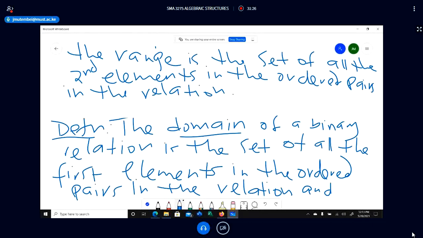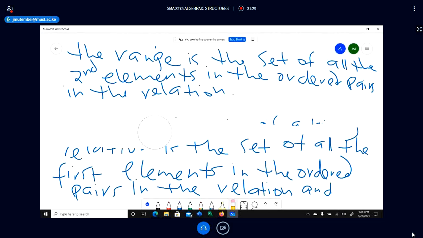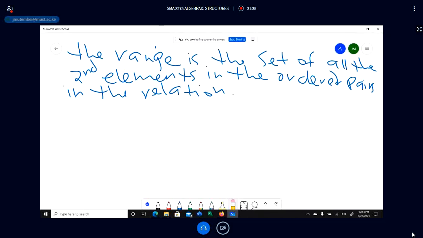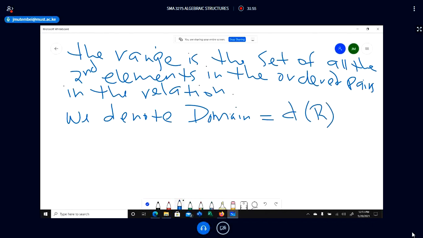So we can now denote the domain and the range as follows. We denote the domain by D of R, where R is the relation, and the range we denote by small r of R, where R is the relation.